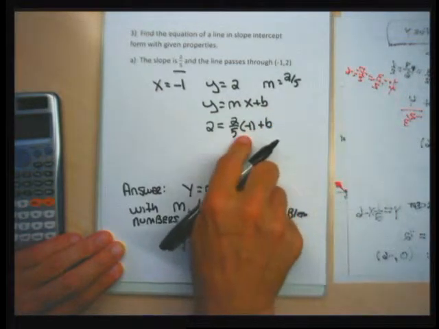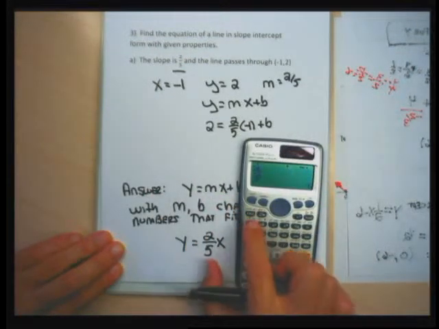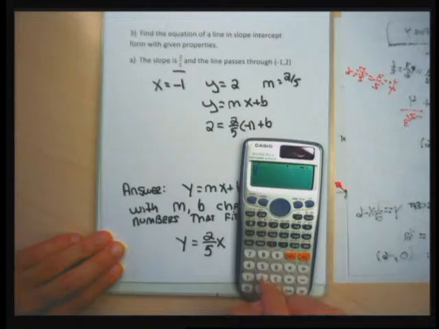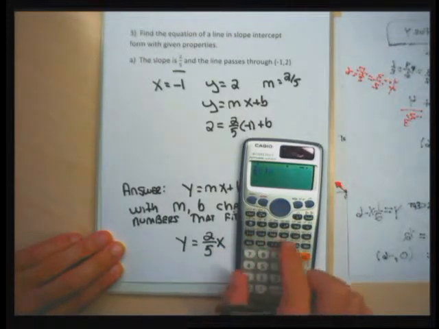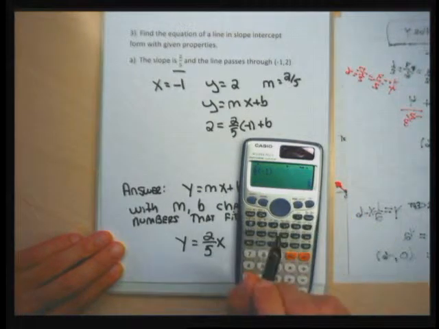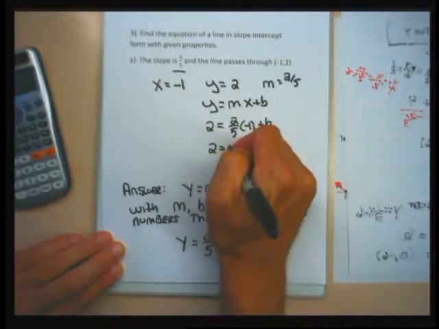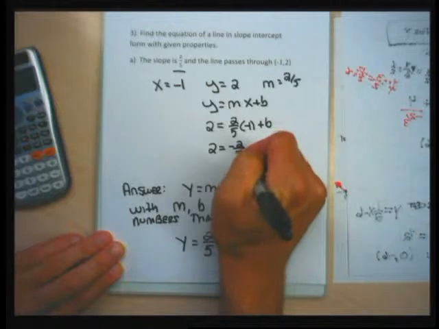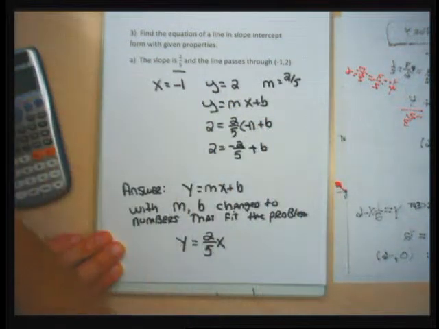I could multiply these in my head, but if you can't do the multiplication, do fraction 2/5 times parentheses -1, you get -2/5, and that negative could be written in front of the fraction or in the numerator, it doesn't matter. So doing the multiplication to simplify the right hand side, I get 2 equals -2/5 plus b.